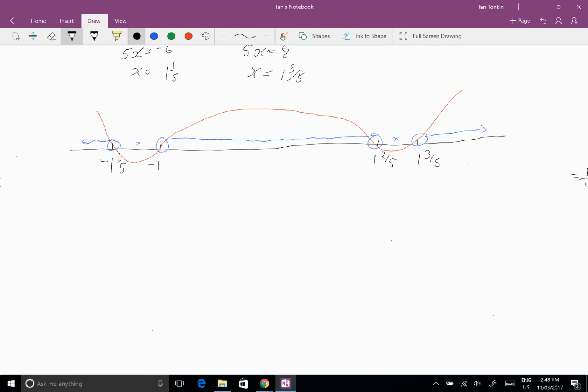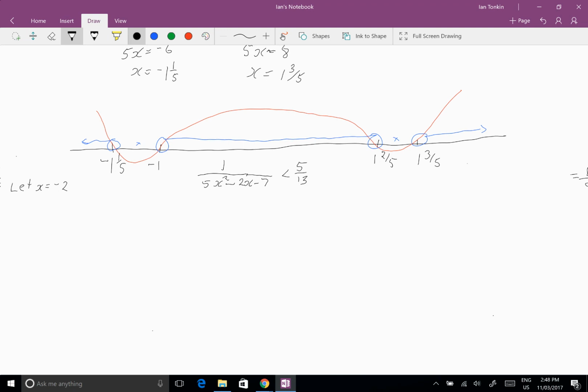So I'm going to let x equal minus 2. And I sub that into the equation. And remember, the original equation was 1 on 5x squared minus 2x minus 7 is less than 5 on 13.